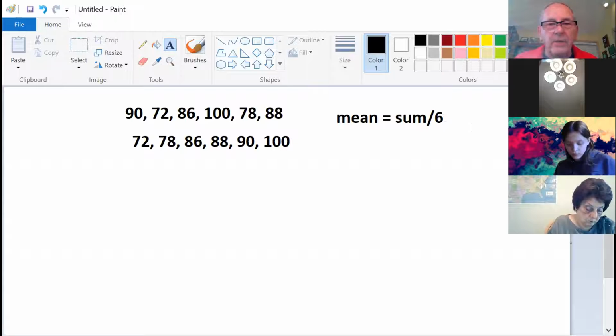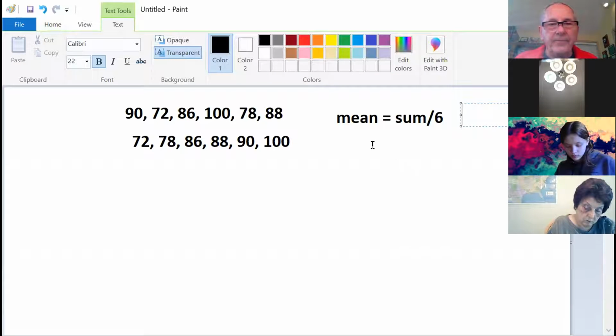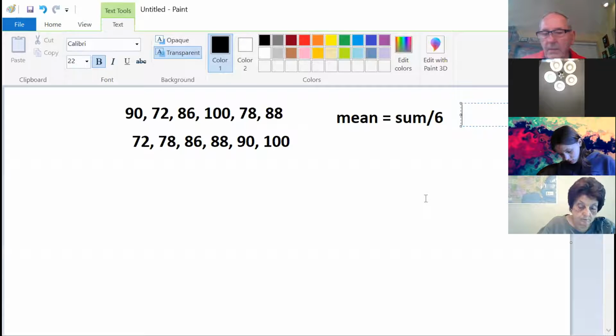I haven't done this, so can somebody tell me what that is? Take 90 plus 72, or add them all up and divide by 6. What would that be? 85.6.